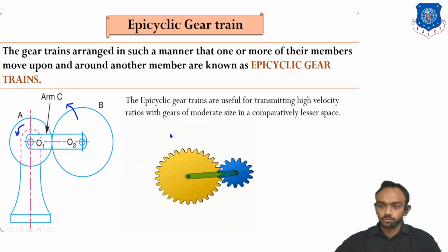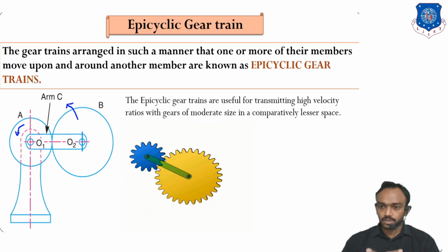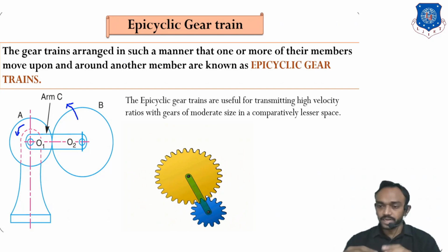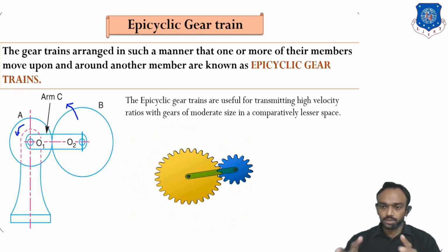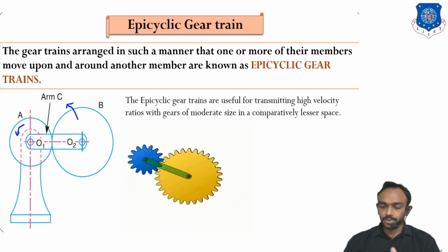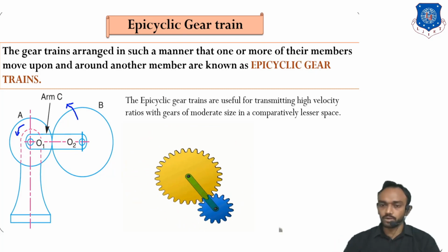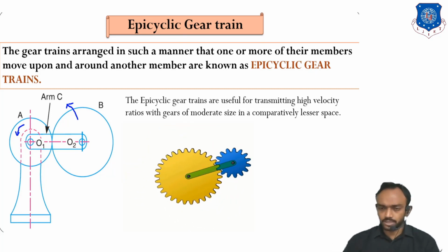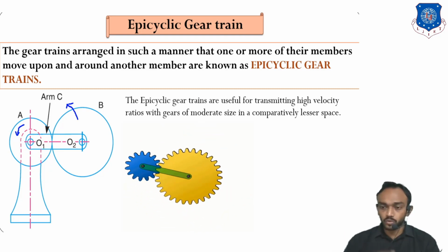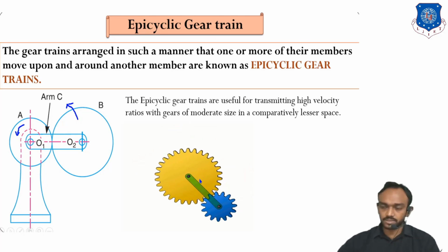But in this particular case, the method of obtaining the speed ratio will be changed. You find the speed ratio as the RPM of the driver upon the RPM of the driven, equal to teeth of driven upon driver. But in this epicyclic train, one gear is moving around, and the shaft of the second gear is not steady.